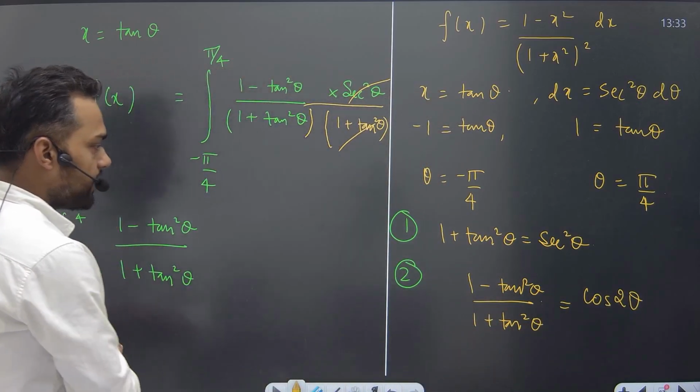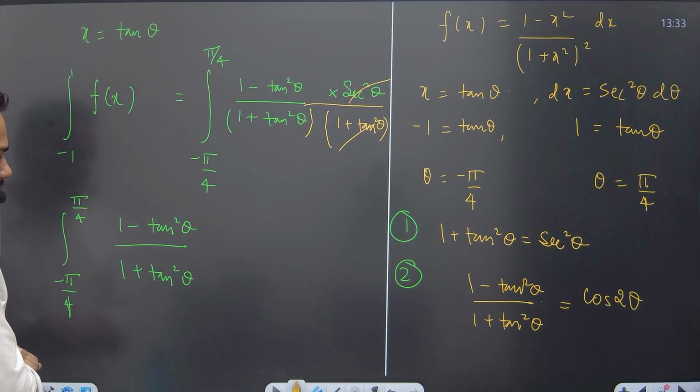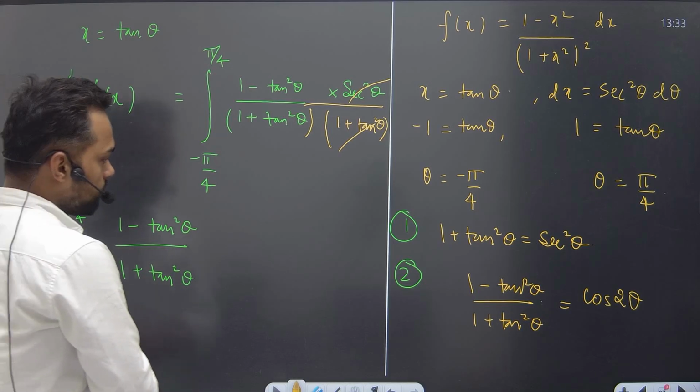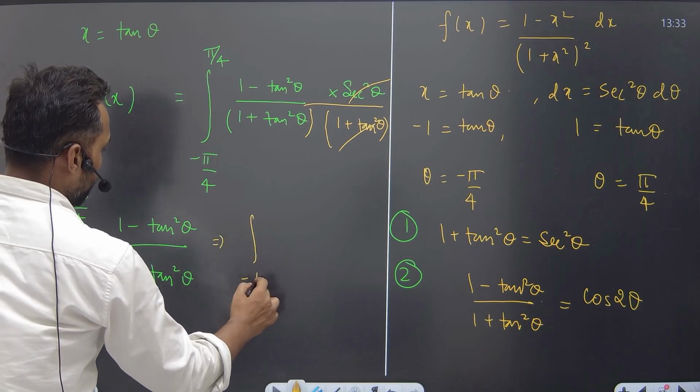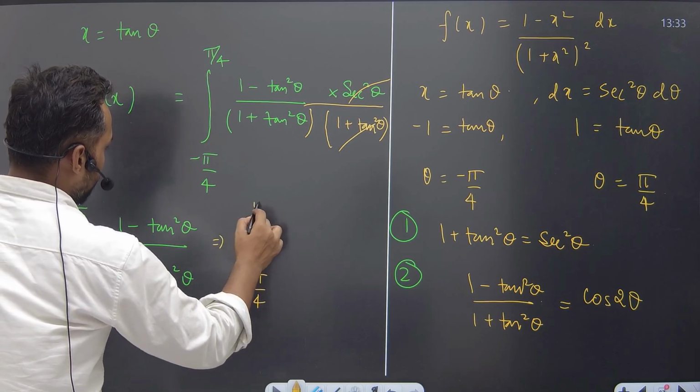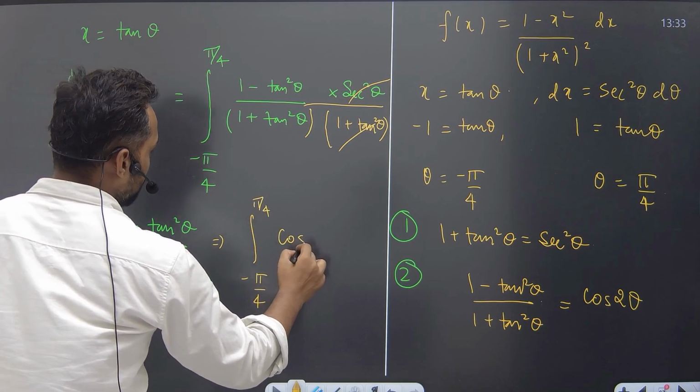This is also an identity. So we will directly replace it, getting the integral from minus pi by 4 to pi by 4 of cos 2 theta.